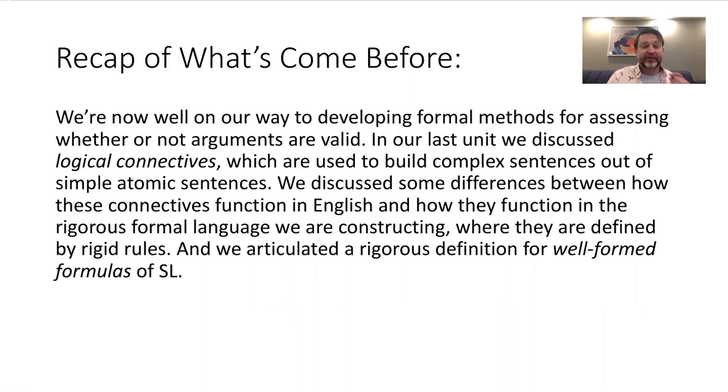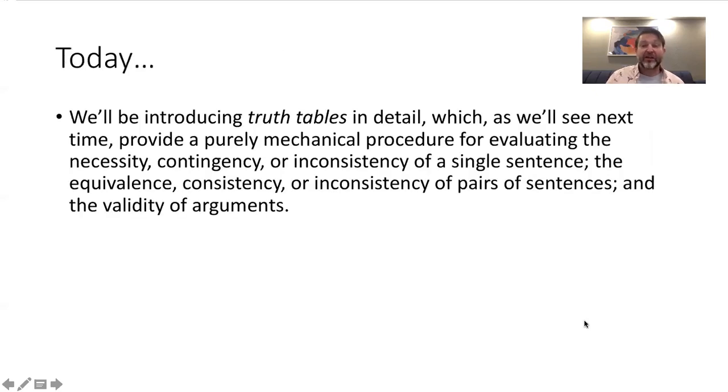Today, we're going to continue our investigation of the validity of arguments. And we're going to do that by learning about what are called truth tables. So we'll be introducing the truth table method, which is a purely mechanical procedure for assessing various logical properties.